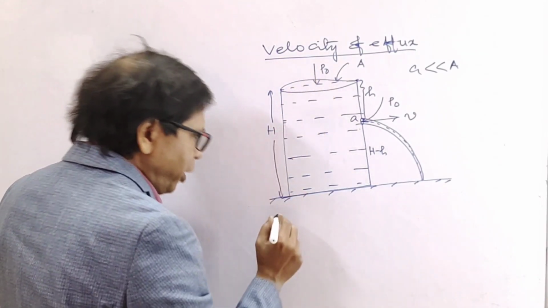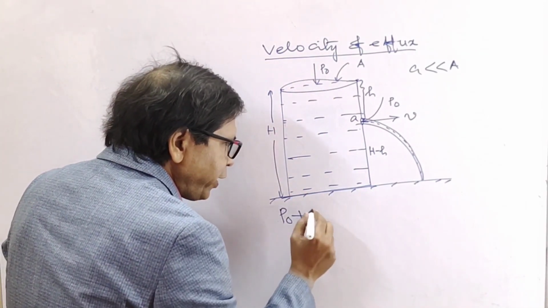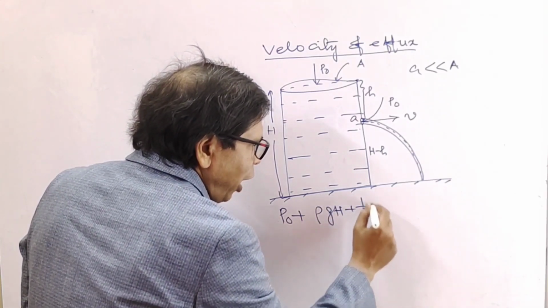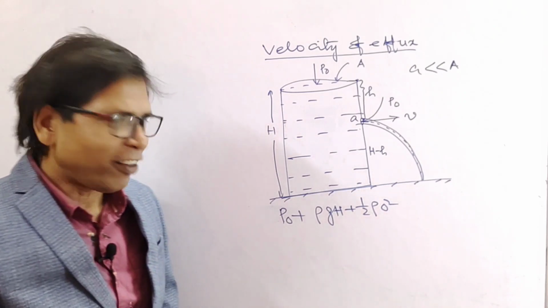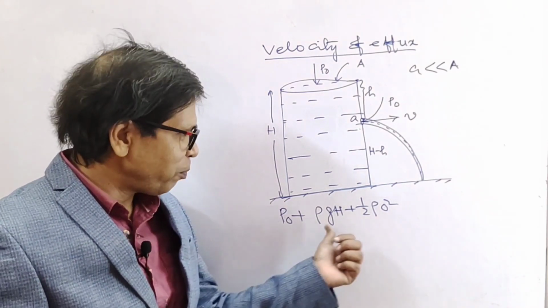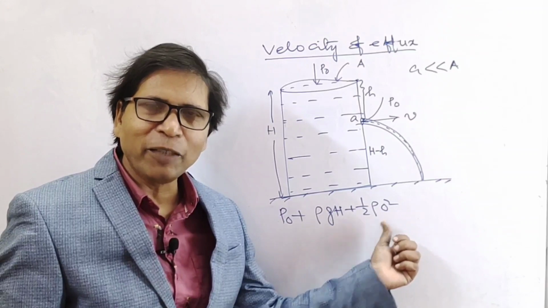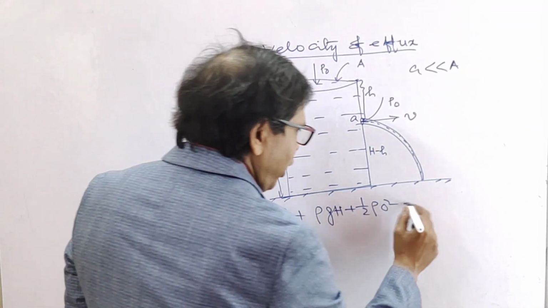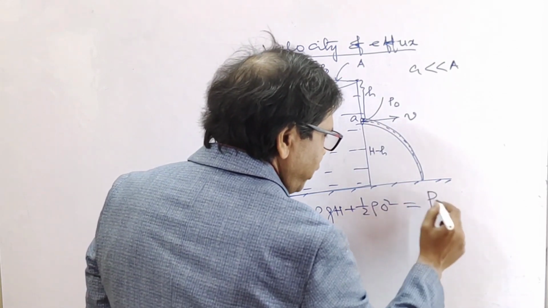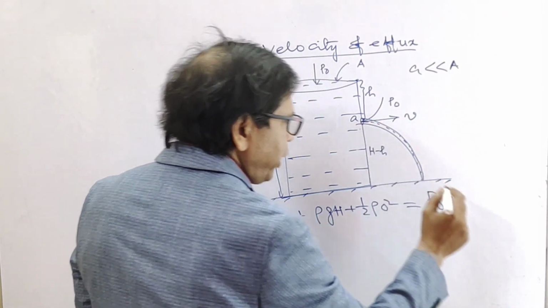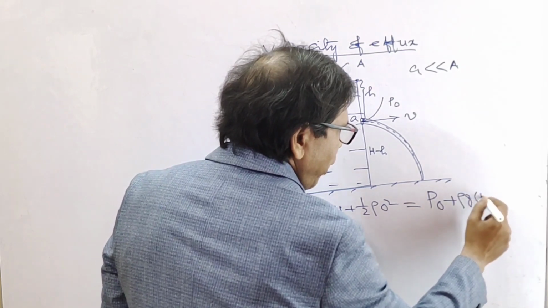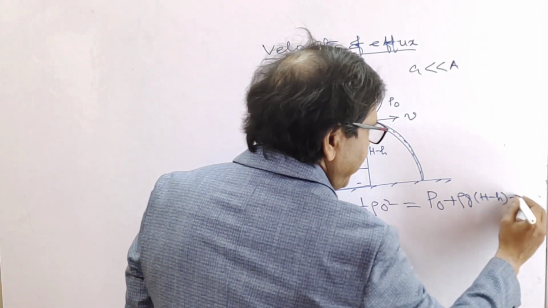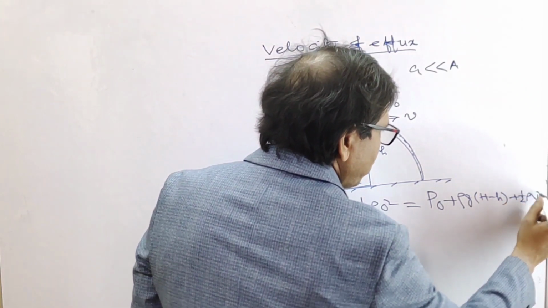Now look at this here, pressure P naught plus potential energy, this is rho gH, and kinetic energy half rho 0 square. These are pressure energy, potential energy and kinetic energy per unit volume at this cross section. Now what is the pressure energy? Pressure energy is the atmospheric pressure. Potential energy is rho g into capital H minus small h, and kinetic energy is half rho v square.